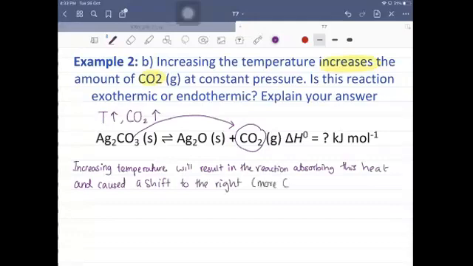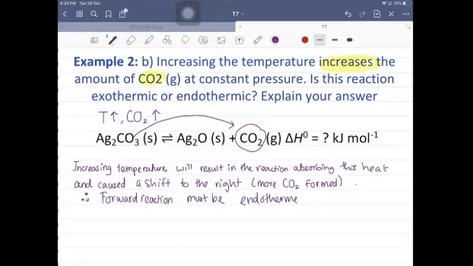In bracket, we know this because more CO2 is formed. Therefore, forward reaction must be endothermic. Endothermic. Okay, so delta H is positive. We don't know what the value is. Okay. If you want to copy this down, please pause the video here, and then you can copy it down.